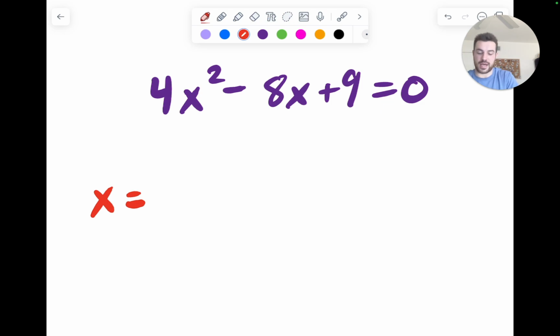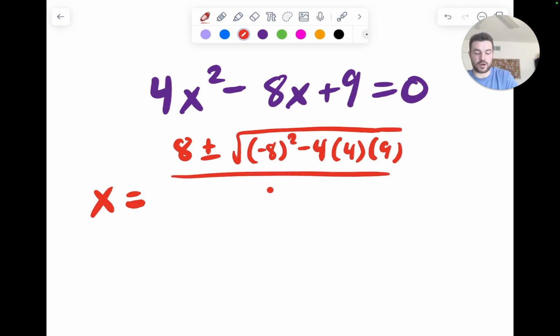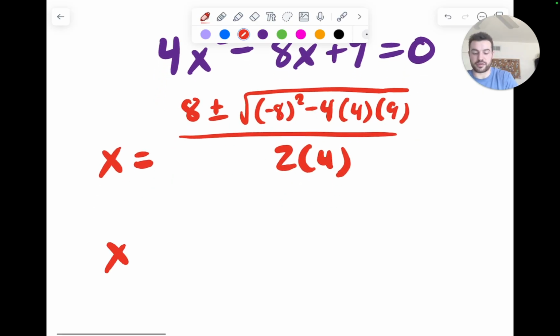x equals the opposite of b plus or minus the square root of b squared minus 4 times a times c, all over 2 times a. All right, now I need to go ahead and simplify.